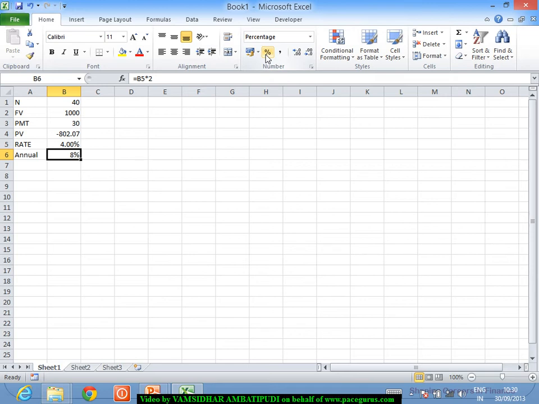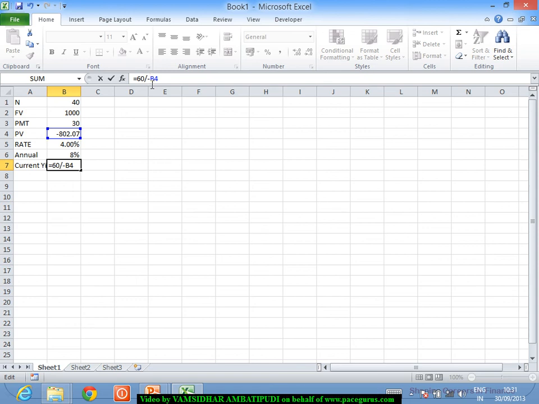Now, how do I compute the current yield for it? Current yield is nothing but, I am simply looking at the annual coupon. So 30 is the semi-annual coupon, so the annual coupon is 60, divided by the current market price. The current market price is given as this number. So probably I'll take the negative of this.